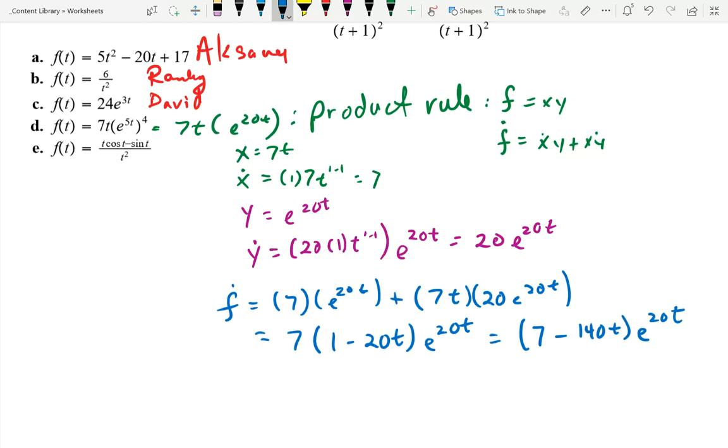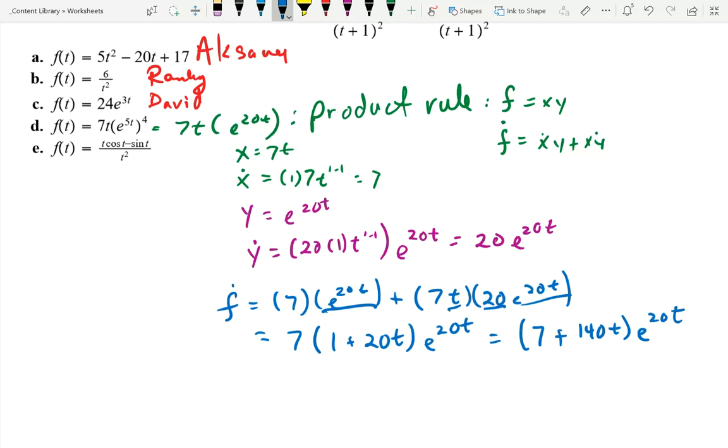Did I make a mistake? Where did the 1 minus 20 come from? That's a plus sign. Can't you tell? It's that plus sign right there. Okay, well, where did the 20t come from then? There is an e to the 20t here and an e to the 20t there. There was a 20 here and a t there. 7 times 3.